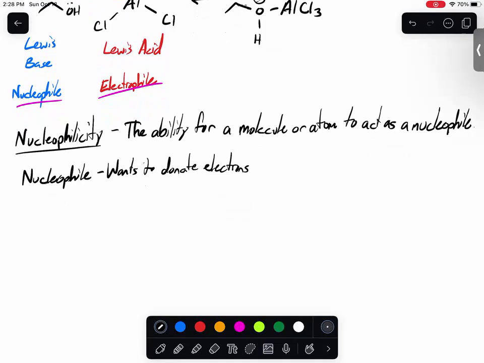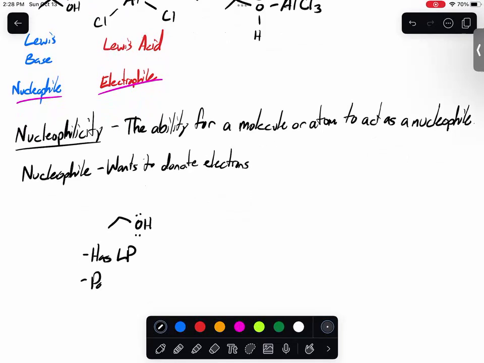So, what this brings up is the idea that we can actually compare if something is going to be a better or a worse nucleophile than something else. An example would be, let's say that we are comparing that alcohol that we looked at, which was a nucleophile beforehand. We know it has those lone pairs, which makes it at least able to be a nucleophile. It does also have a partial negative charge from a dipole, right? It's pulling electron density towards it, and so it does have a partial negative charge.